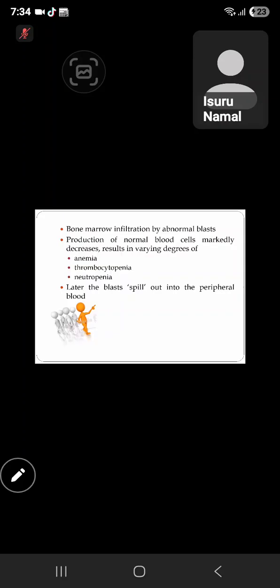With the experience we know, when the patient undergoes bone marrow aspiration, the bone marrow is totally hypercellular and packed with immature white blood cells, because the proliferation of white blood cells has already started in your bone marrow.